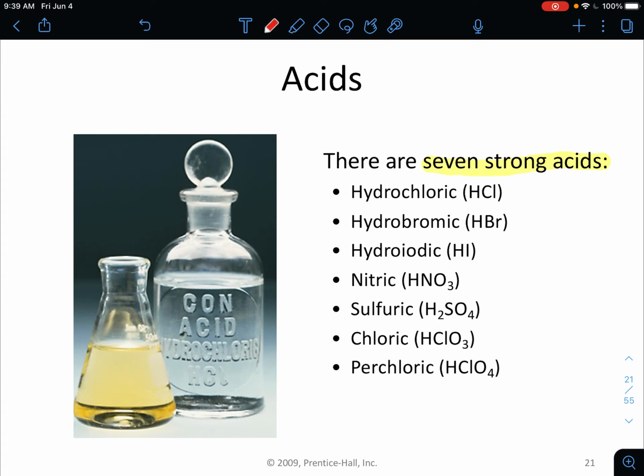So these are all strong electrolytes, right? They break down completely, so there are lots of charged particles present in our solution, so it's going to be a solution that's very good at conducting electricity.